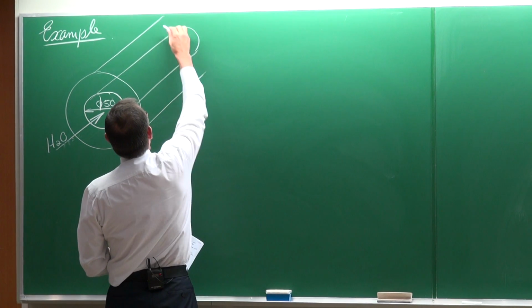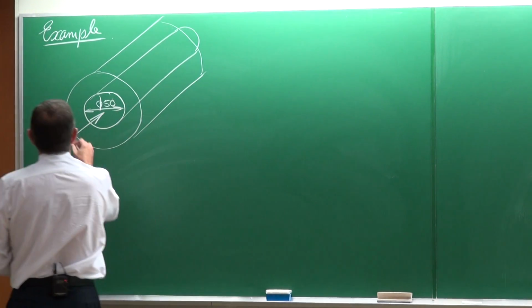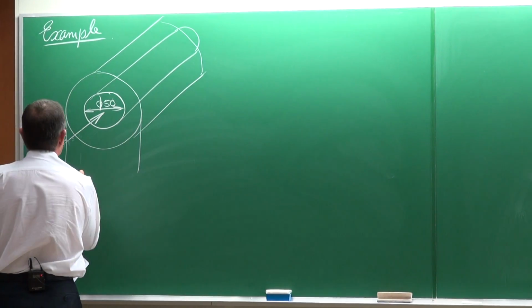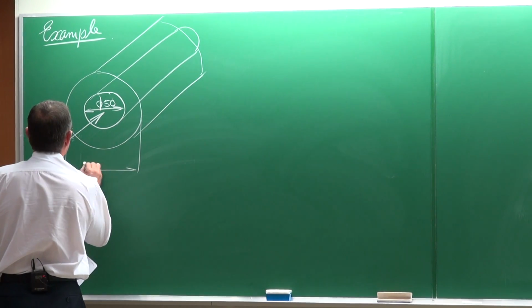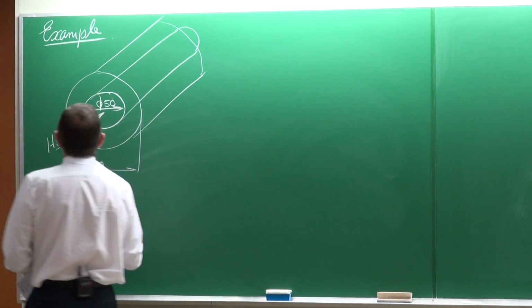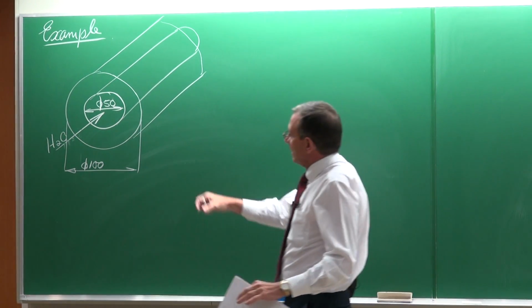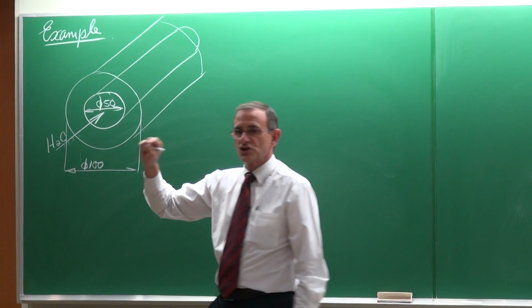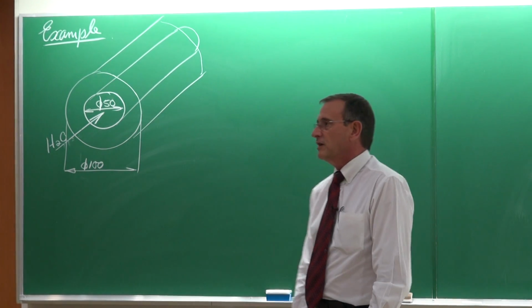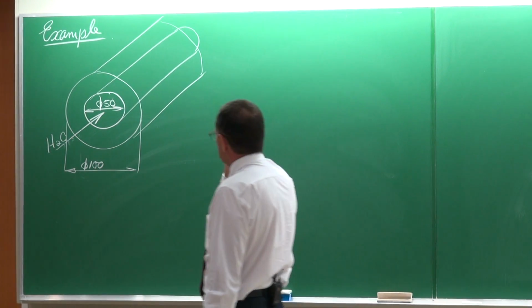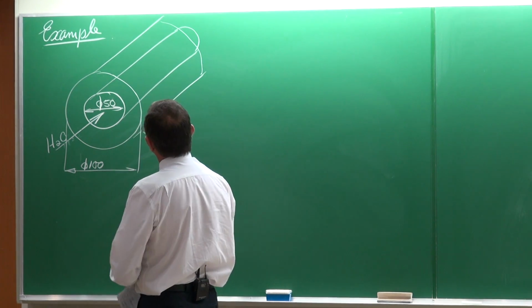There's the glass tube. And the glass tube diameter is 100 millimeters. Only one diameter of each are given, and I think for that reason we can assume that the thicknesses are very, very small. So the thicknesses are not that important.